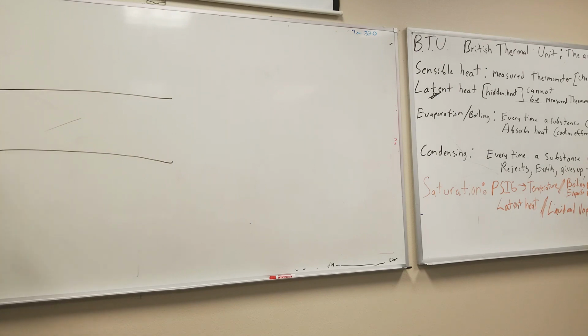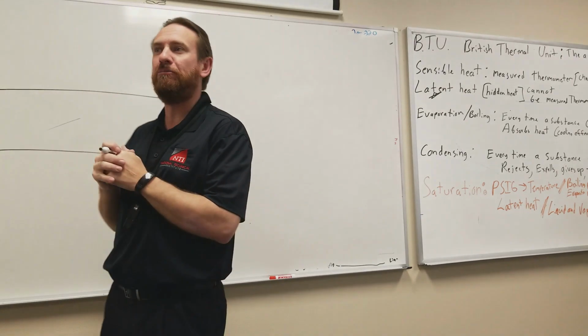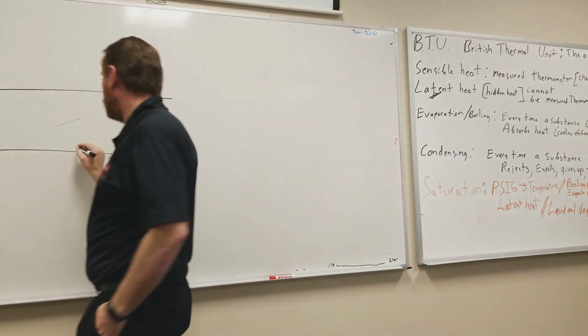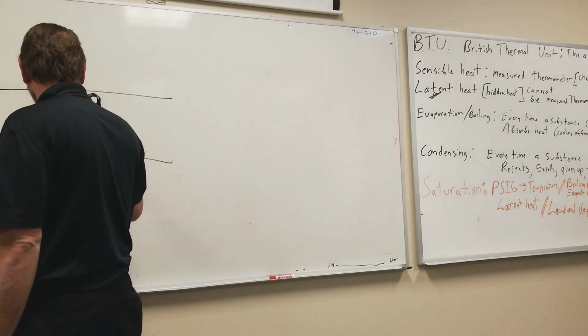Let's say it was water. What's the saturation point of water at 0 psig at sea level? 212. So that's the point that it's at, but I can't measure how much is liquid and vapor. If I just look at a thermometer on a pot of boiling water, it's going to say 212. That could be 212 at 100% liquid.